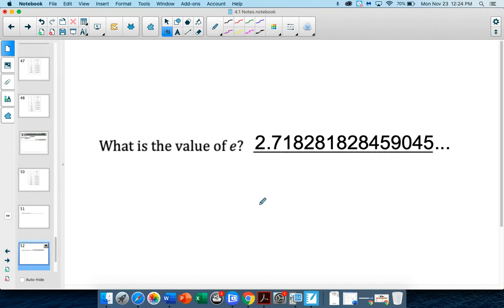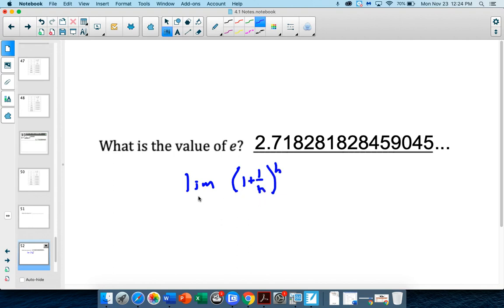Now, to give you a little bit of calculus notation, this we can write as what's called a limit. If I take that 1 plus 1 over h to the h power that we were just talking about, this is essentially that factor of what's happening when we compound a certain number of times per year.